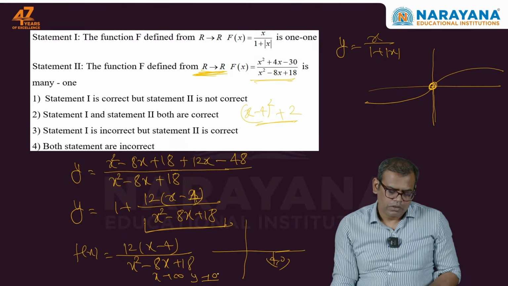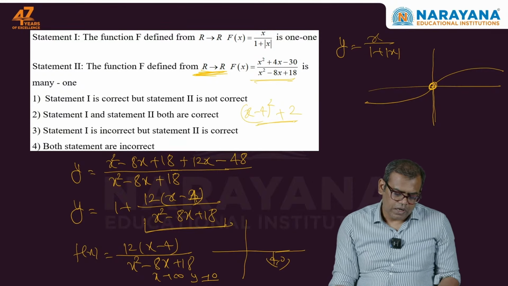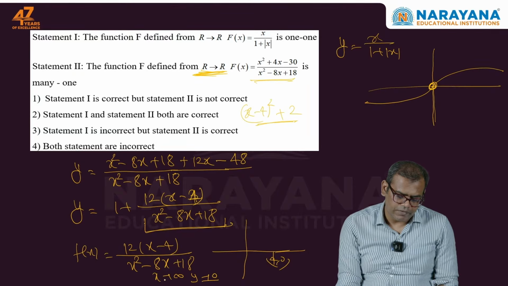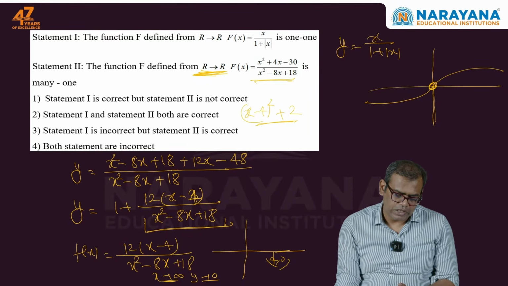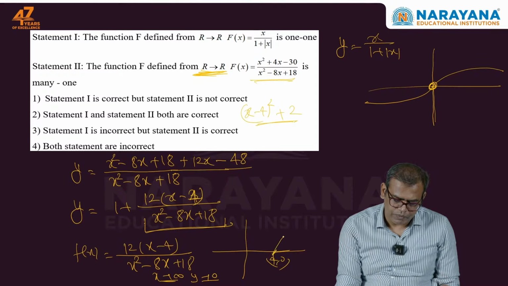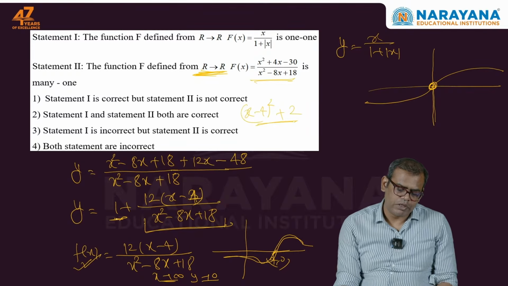The reason is that for this rational function, the degree of the denominator is 2 and the numerator is 1; infinity by infinity is an indeterminate form when x approaches infinity, and since the degree of the denominator is larger than the numerator, it will approach 0. So somewhere here a maxima will come, and then here a minima will come. This kind of graph will come for this function, and 1 is added here, so the graph will be shifted 1 unit up.